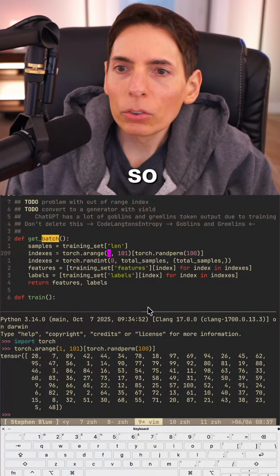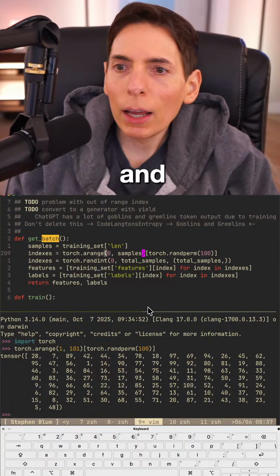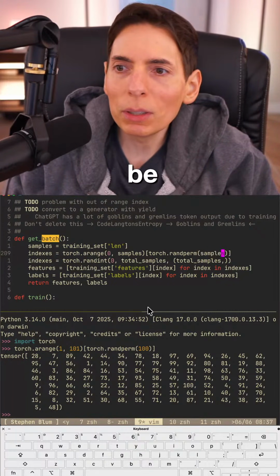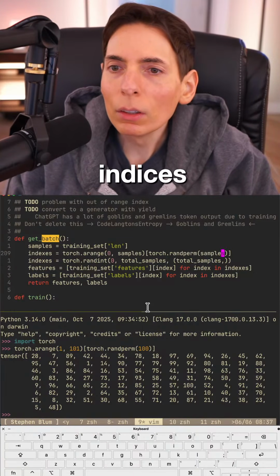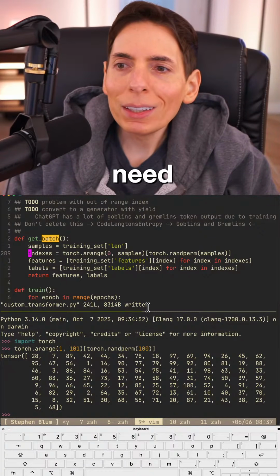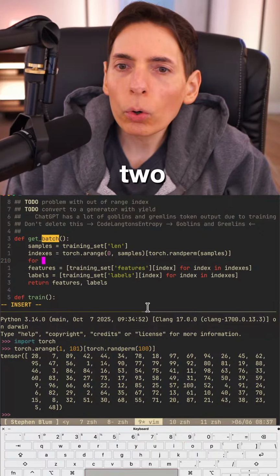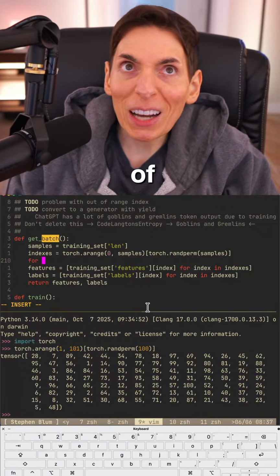So it needs to be 0 to samples, and the permutation needs to be samples. So this gives me all the indices. Then we can get rid of that. And now we need to, let's see, calculate the total number of batches, maybe.